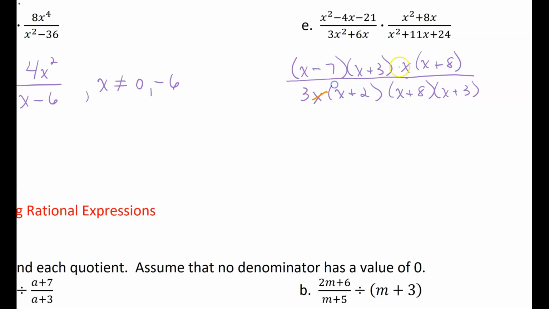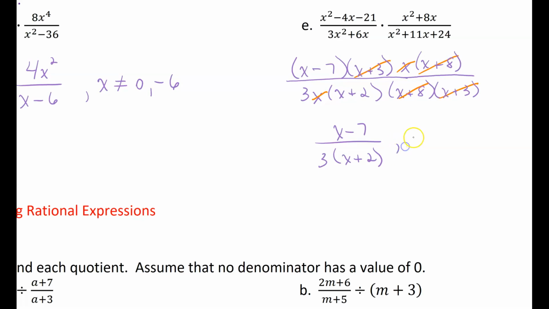We have an x here and an x here. We have x plus 8, x plus 8, x plus 3, x plus 3. And in the end, we are left with this very nice, simple x minus 7 over 3 times x plus 2. I divided it with the x that we factored out down here.